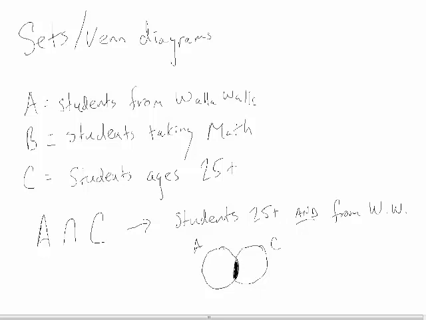Okay? So I can take this formula, or this expression, I can write it in words based on what the sets are, and I can write it using a diagram.